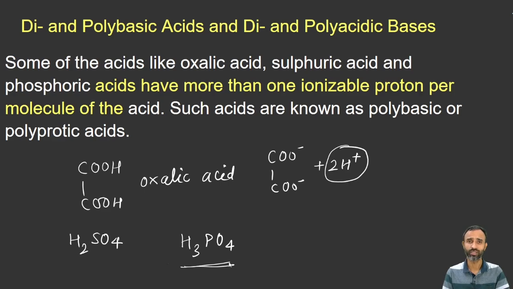Any acid which gives more than one, that is polybasic acids, di, tri, tetra and all, these are called polybasic acids.